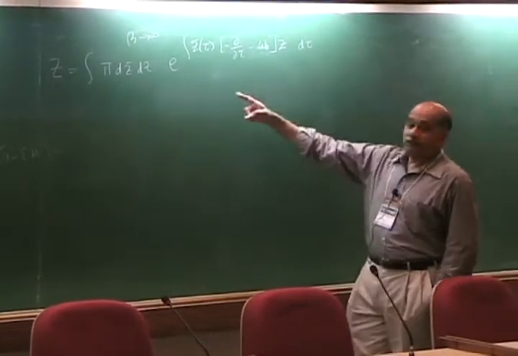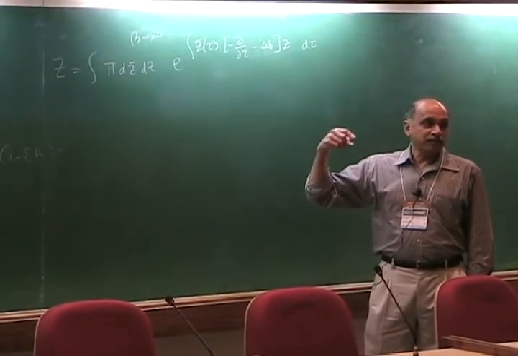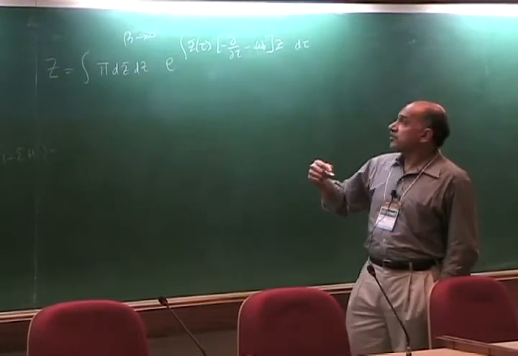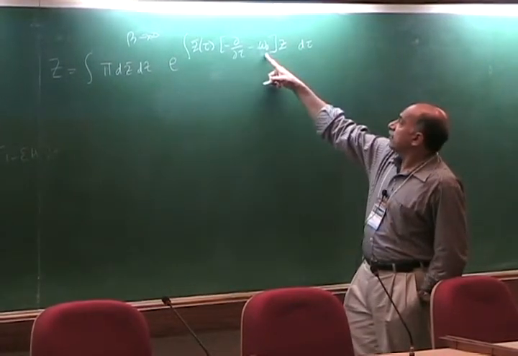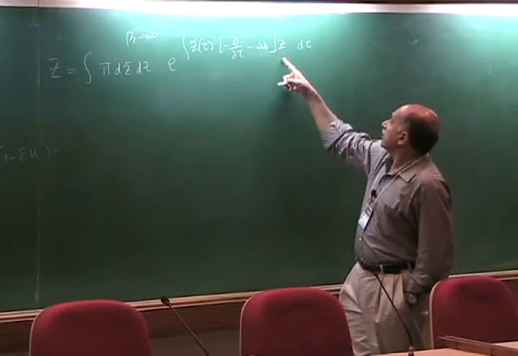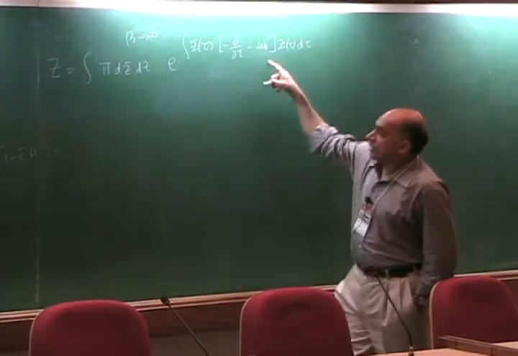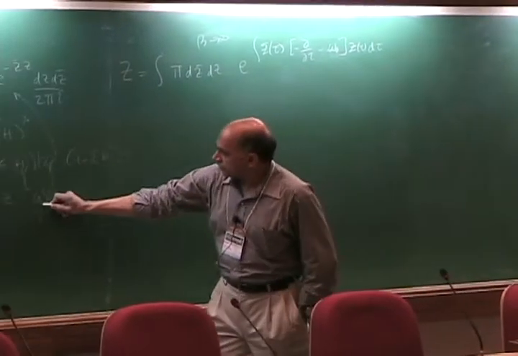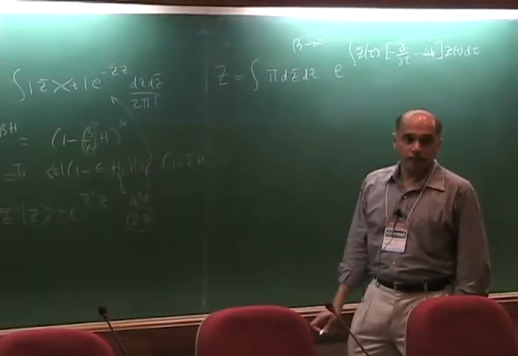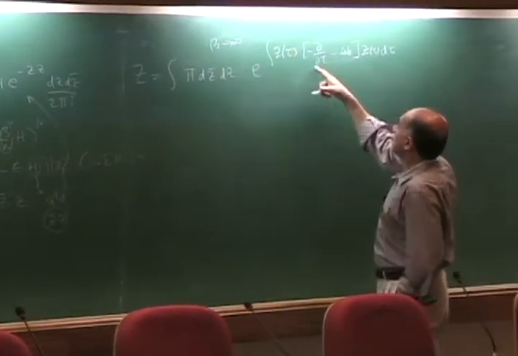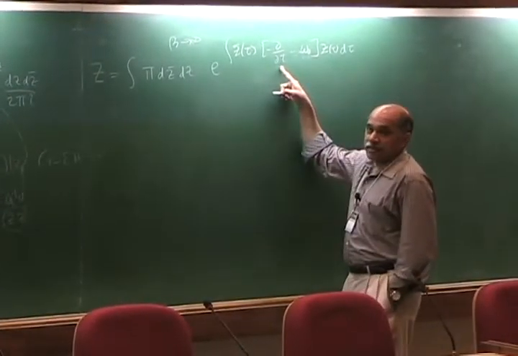Now, how did I get all of this? Of course, if I had enough time, I would tell you all the details, but at least part of it you can understand. The omega 0 z bar z, you get by just this. This is a little more tricky.